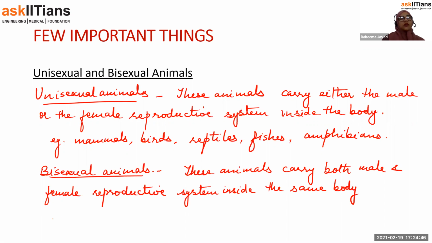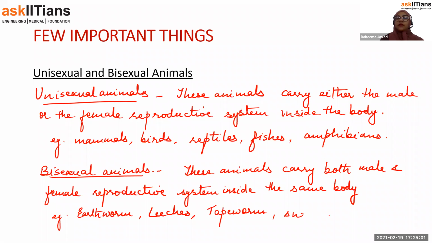Okay, so all the lower animals like earthworm, leeches, tapeworm, snails, etc. All these are bisexual animals.